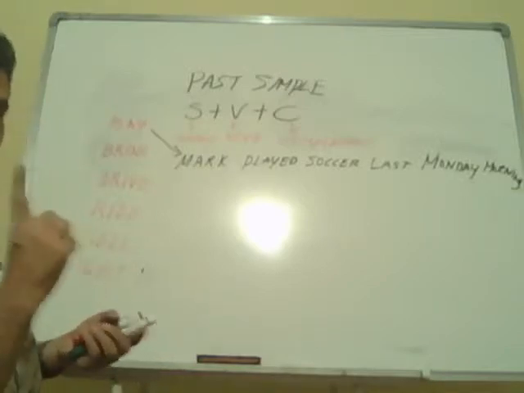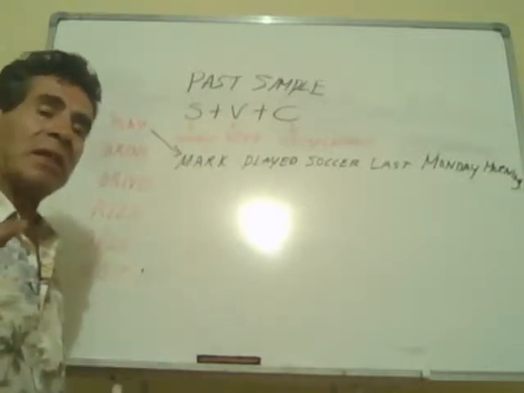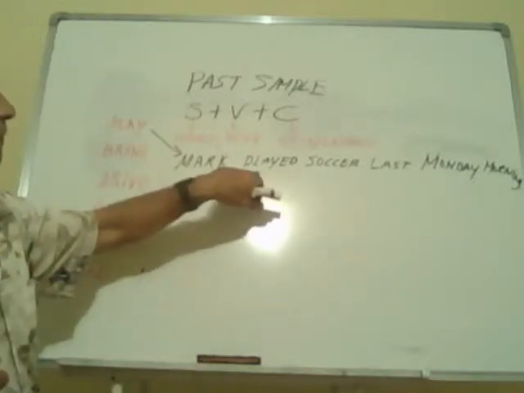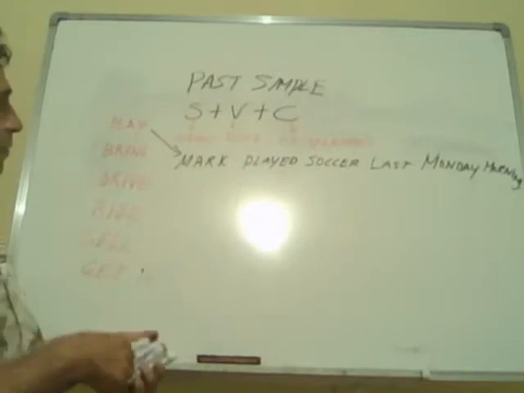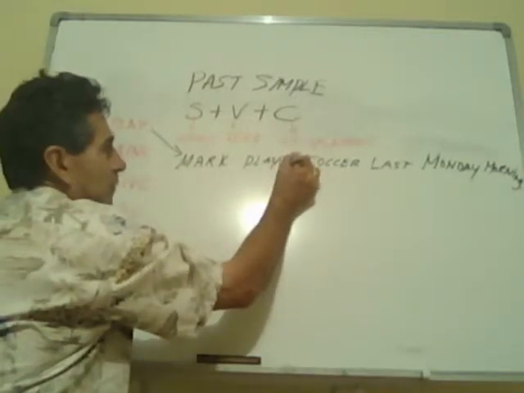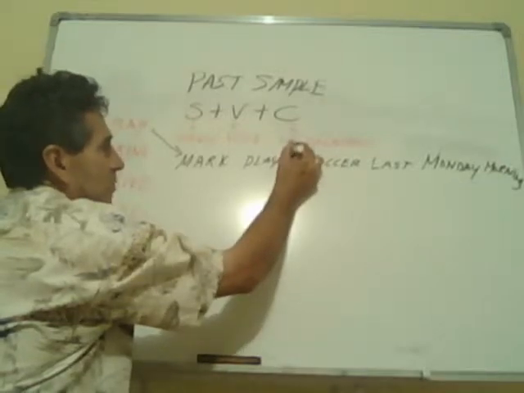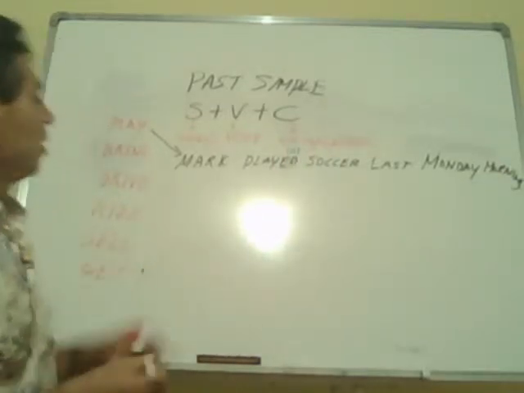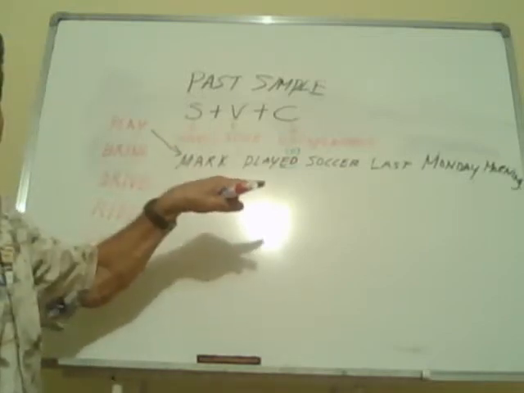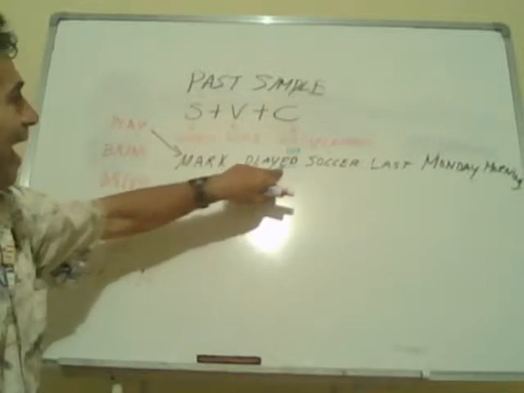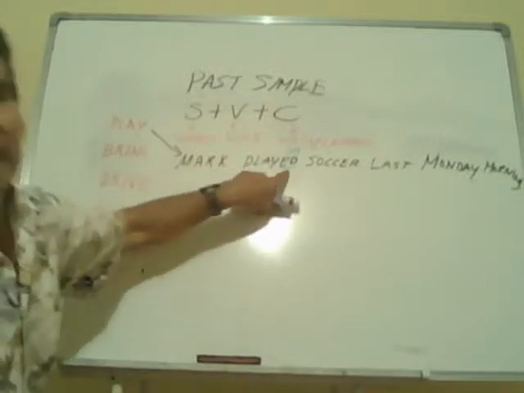Again, I have to explain to you that many students sometimes make a mistake and do not pronounce the verb correctly. In this particular case, you have to be careful with the ed. It sounds like a D. Remember in the last sentence we saw worked with D, but this verb ends with a D. Played.